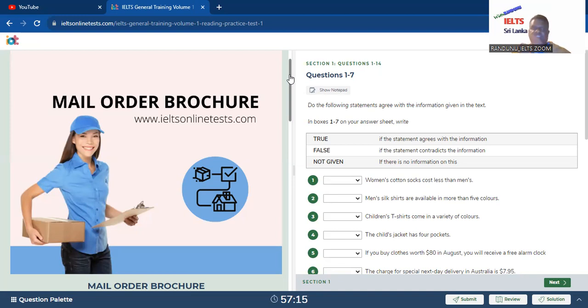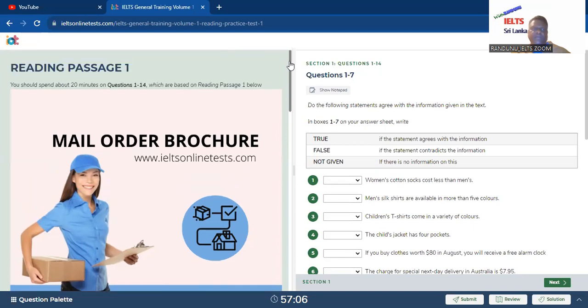There are a lot of other benefits that I will not mention now. If you want, I have a video on that, and I will share it with you. Right. Now, this is part one, section number one, passage number one. These are the questions. Here there are 14 questions. This one 14, next one 13, next one 13, altogether 40 questions.